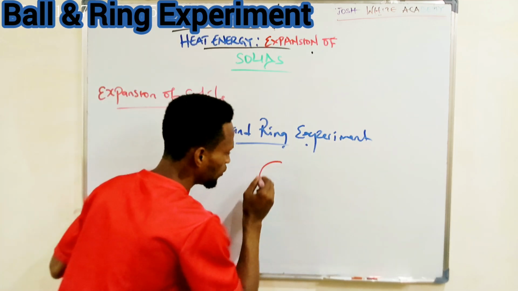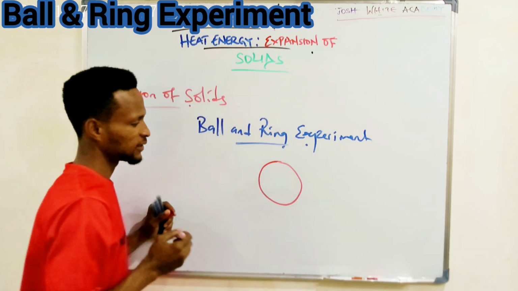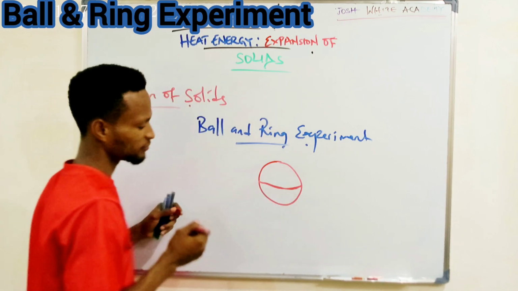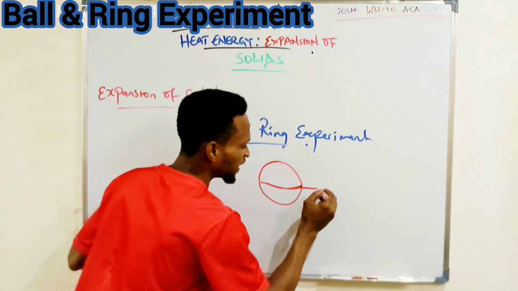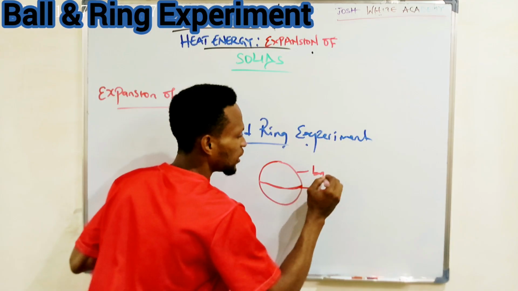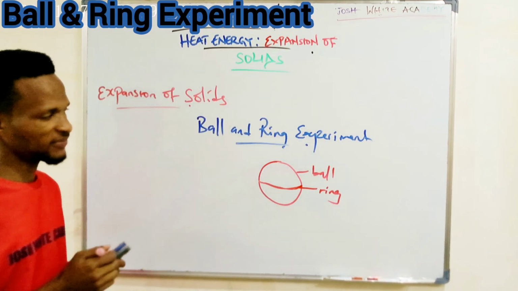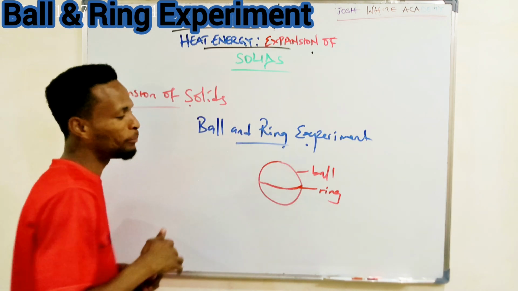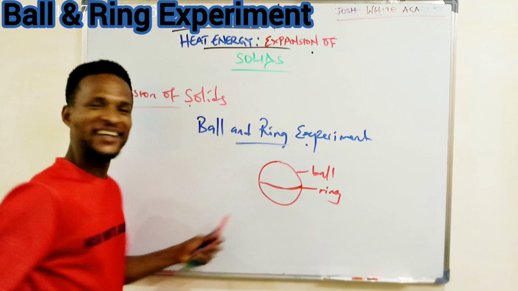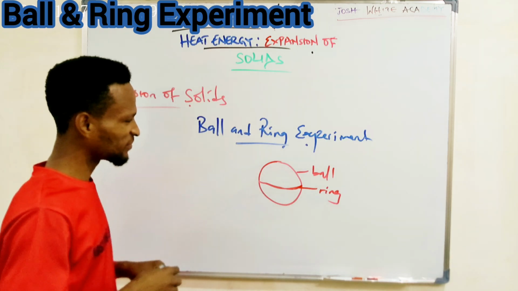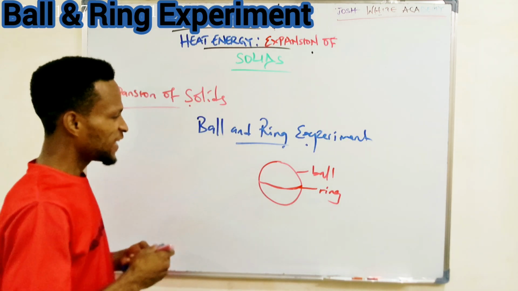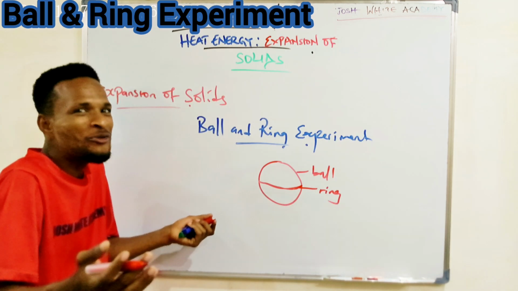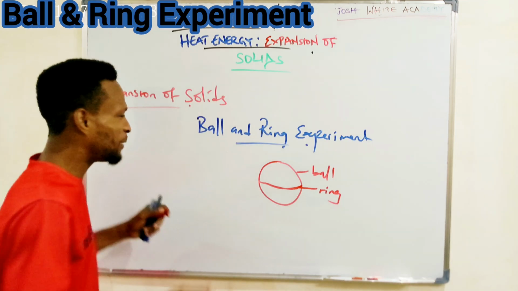Let's say this is the ring and this is the ball. At the beginning, this metal ball can easily pass through this ring. Then heat is applied, and we expect that body to expand.